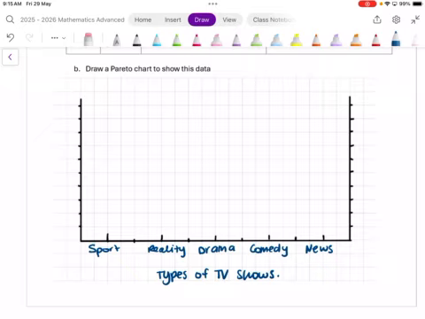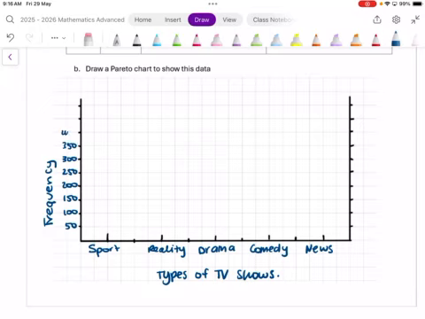On our left-hand axis, that's where our frequency goes. Okay, so we'll have our frequency of 50, 100, 150, 200, 250, 300, 350, 400, 450, and we want to end with our 500 up the top there. Okay, because our highest frequency is 500. 500 is equivalent to our cumulative frequency of 100%.